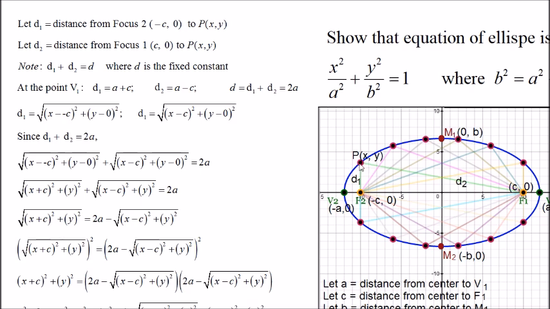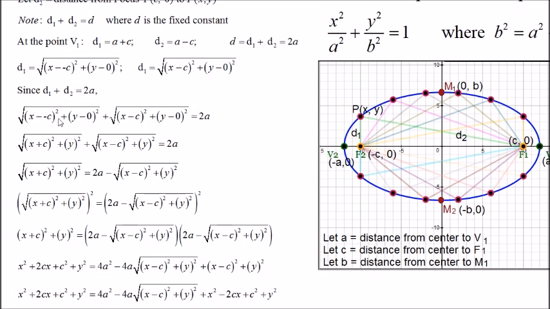The distance from P to F2 is this. The distance from P to F1 is this. D1 plus D2 must equal 2A. And so this is what we have, equal to 2A.